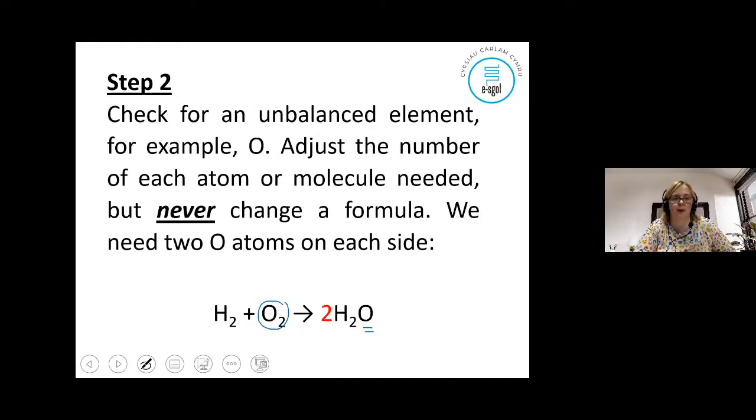That can't be, okay? If I start with 2 oxygen atoms, I have to use up both those oxygen atoms. And the only way to do that, as highlighted there in red, is I will have to double and make 2 water molecules. I'll have to use both of them up, okay?